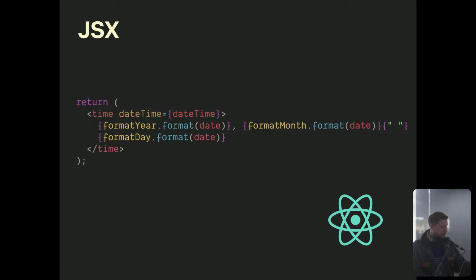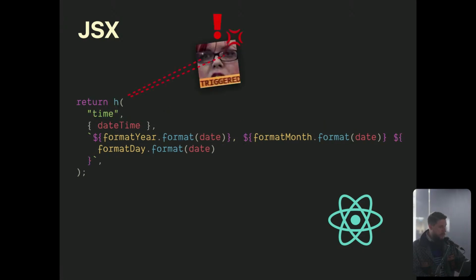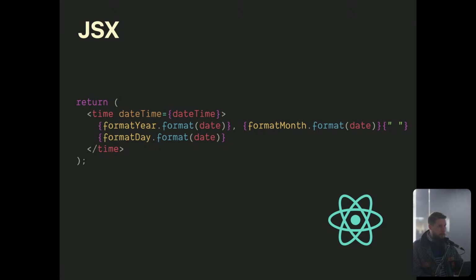JSX is garbage. You actually end up having to write more syntax to do the same thing. You have to set up so much tooling to get types and IntelliSense and stuff that might crash.